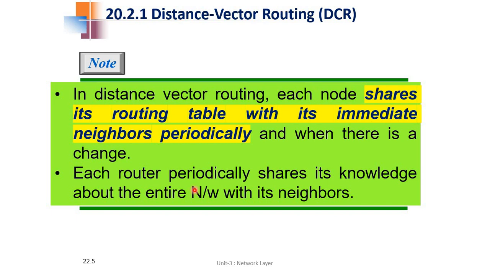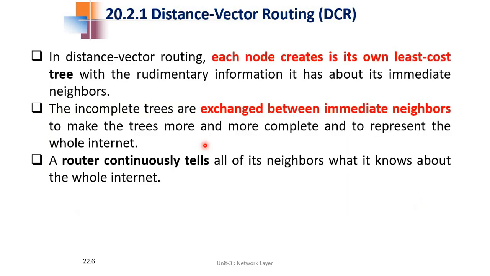So what is the first objective we are supposed to think of here? Every router is supposed to update its information to its immediate neighbors periodically, that is, every 5 minutes or every 1 hour. As I said, we have seen in the previous figure that many routers are there.